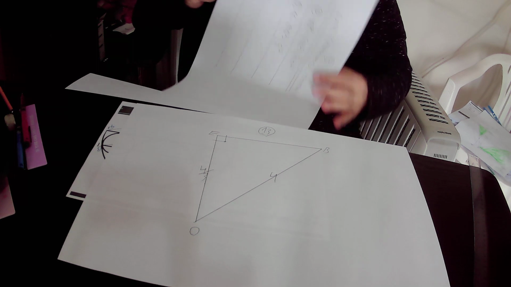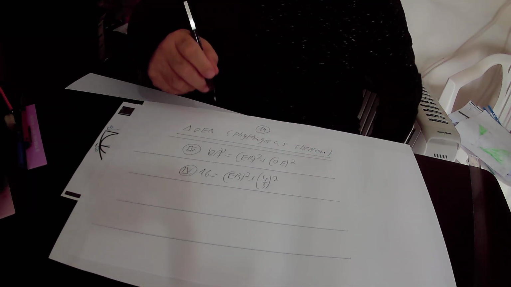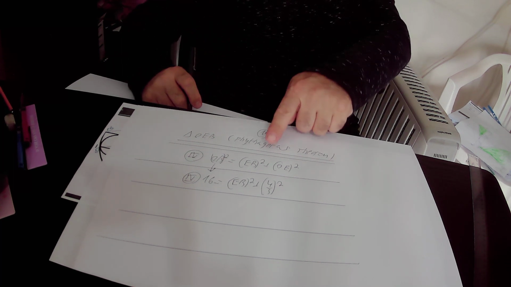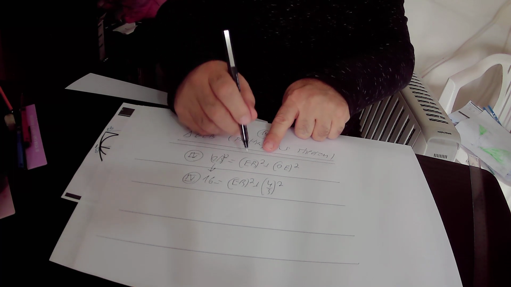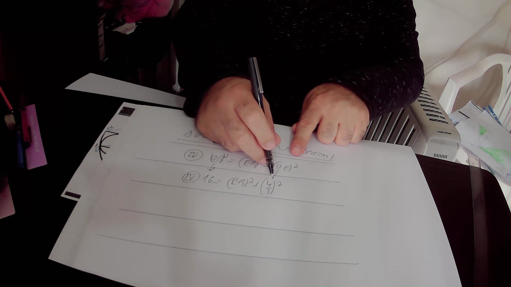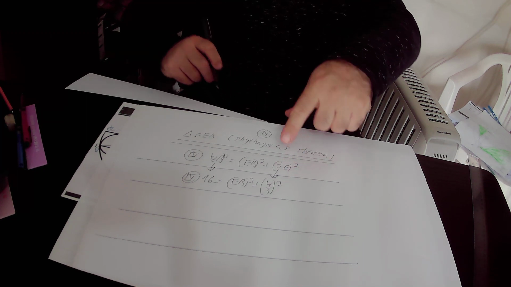So in total we got that OB square is 16 because it is 4 square. EB square is EB square. And OE equals 4 over 3, so OE square is 4 over 3 square. 4 over 3 square is 16 over 9, so I will write it down.